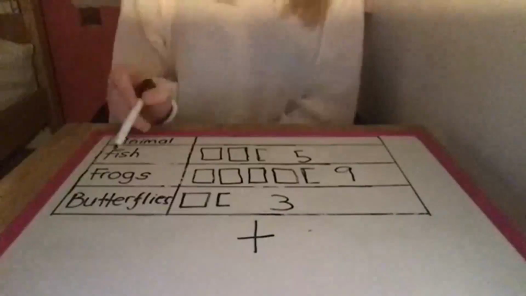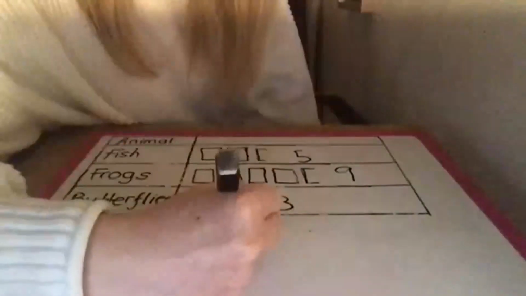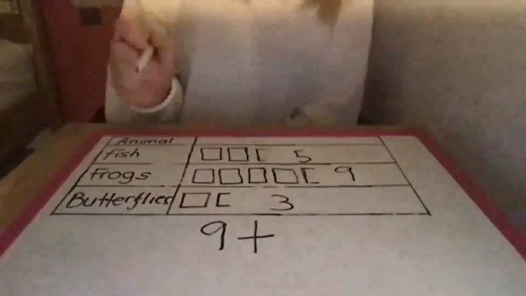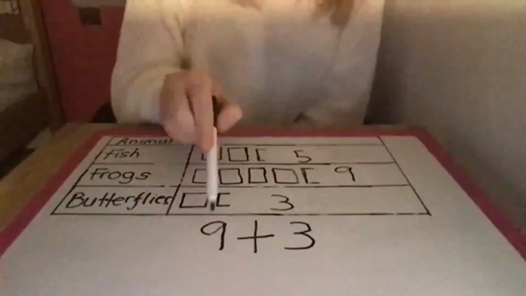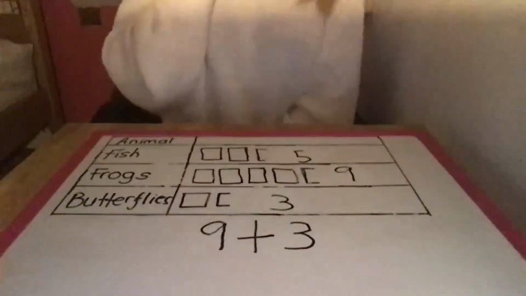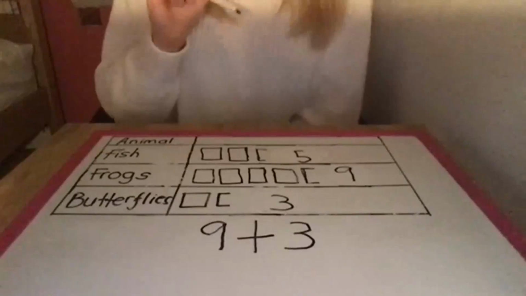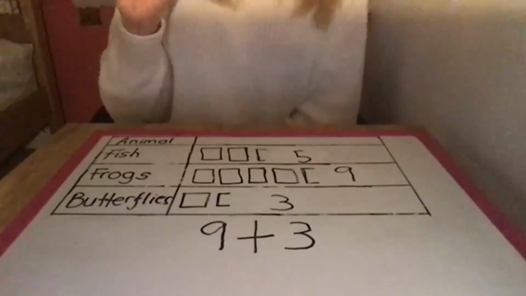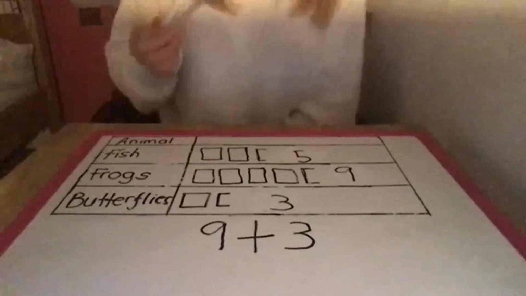Now, how many frogs did he see? Yes, he saw 9 frogs. And how many butterflies did he see? He saw 3 butterflies. So we're going to do the addition number sentence, 9 plus 3, which is, yes, it's 12, isn't it? 9, 10, 11, 12. So he saw 12 frogs and butterflies all together.